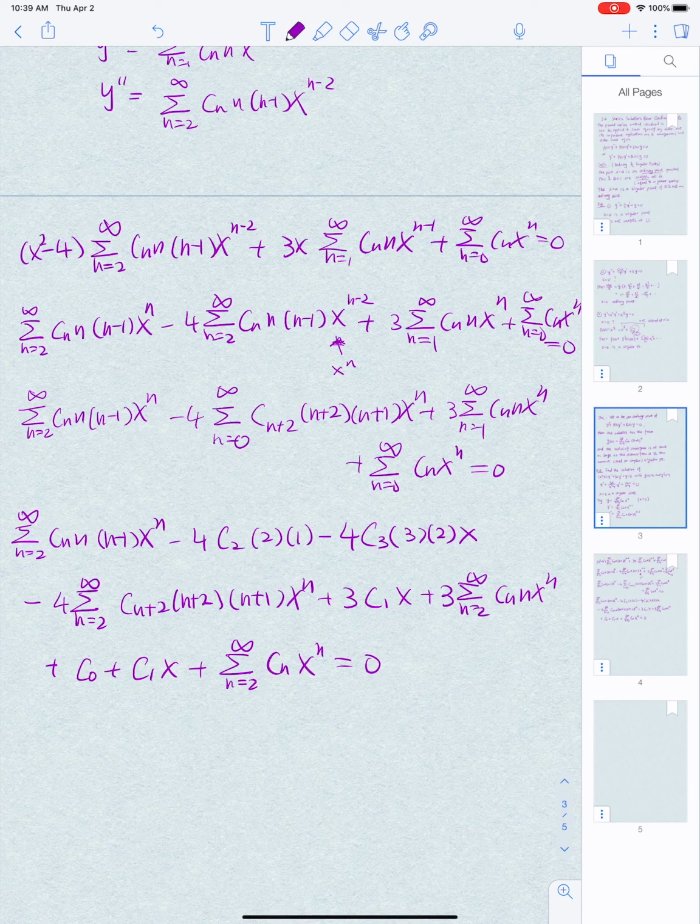And then we combine constant term and x term together. These two will give us 4c1x.